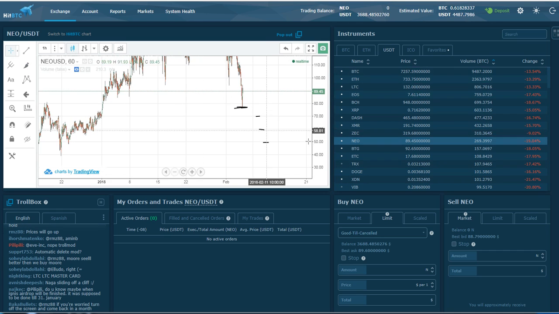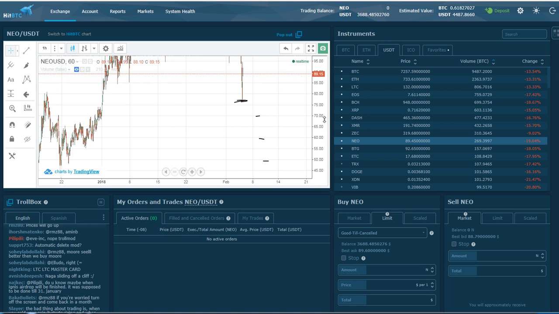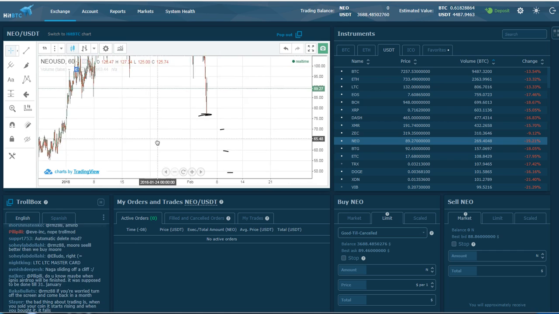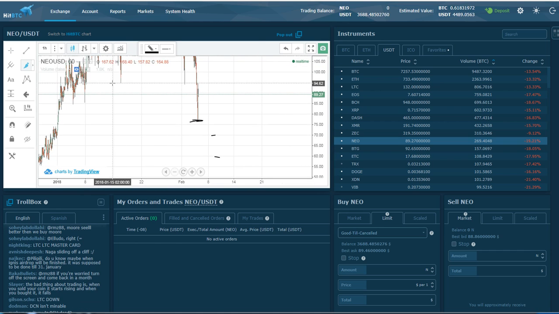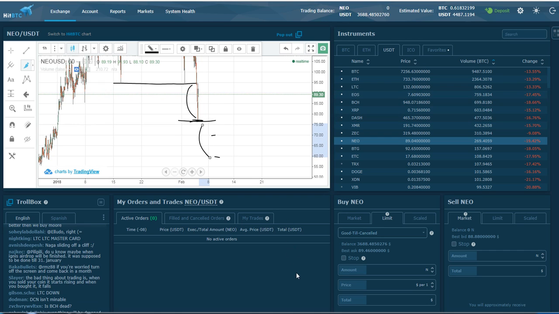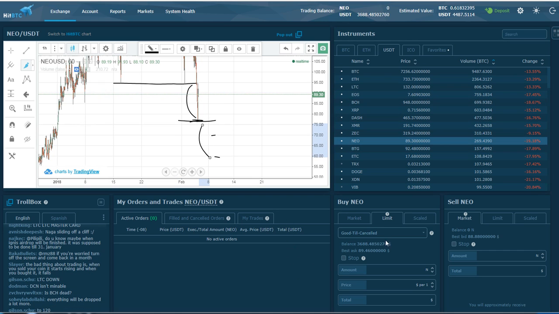It's very possible indeed that it will drop that far. You can draw a line here and see this drop, and draw a line here and see this drop here. So yeah, let's do 70, 65, and 60s.